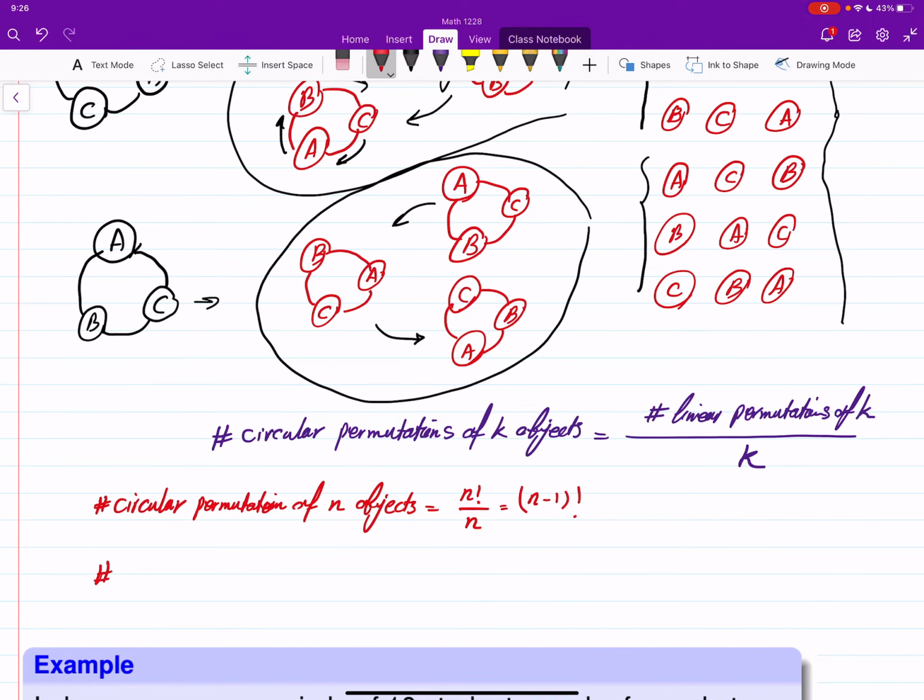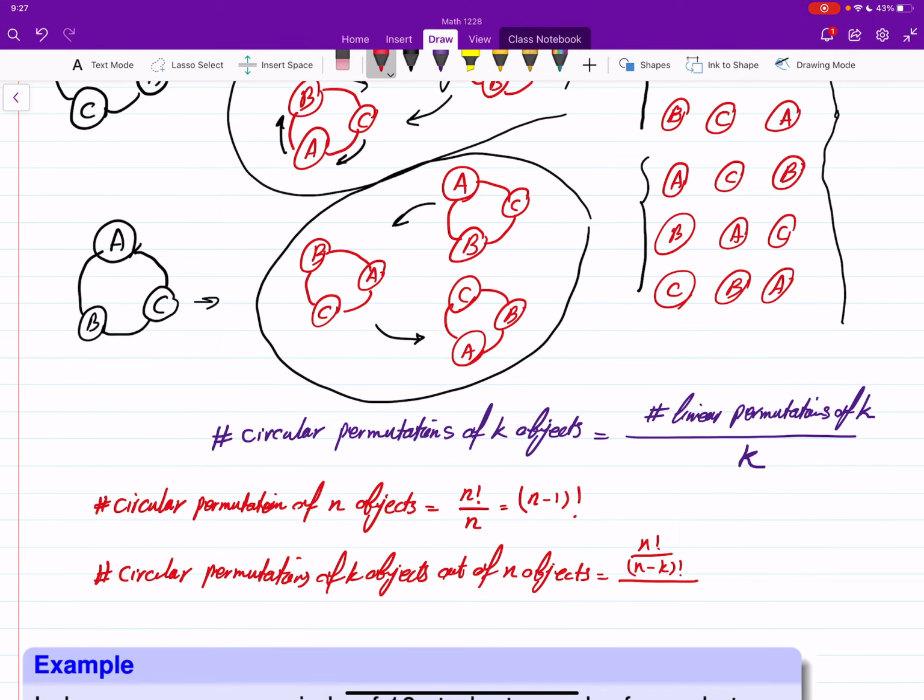How about the number of circular permutations of k objects out of n distinct objects? In the linear case, we have n factorial over n minus k factorial.